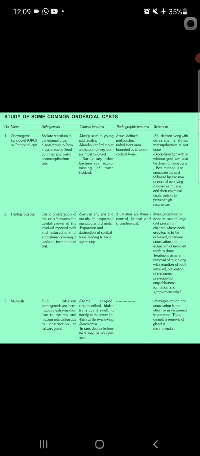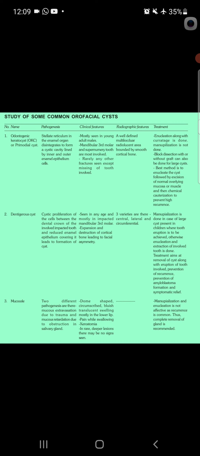Next is the mucocele. We know mucocele is the mucus retention phenomenon. It is due to trauma and obstruction in salivary gland. In clinical features, there is a dome-shaped, circumscribed, bluish, translucent swelling mostly in lower lip, pain while swallowing, xerostomia. In the rare case of a deeper lesion, there may be no sign seen.